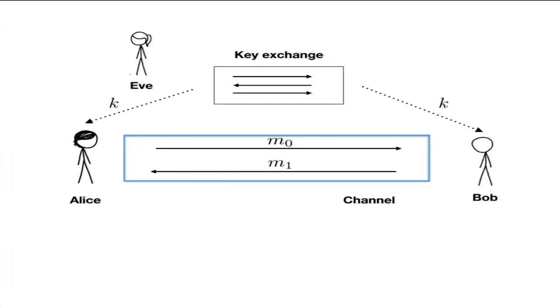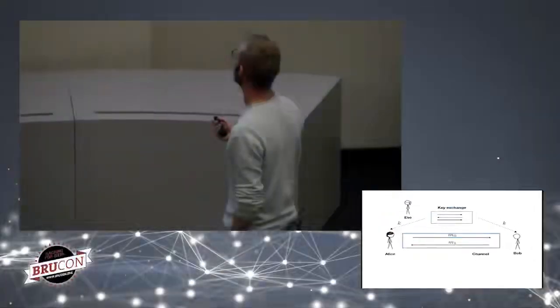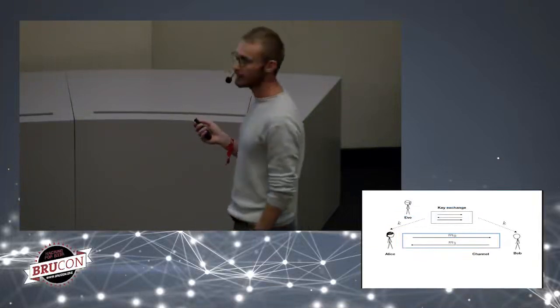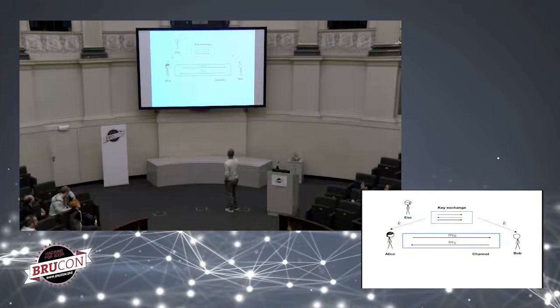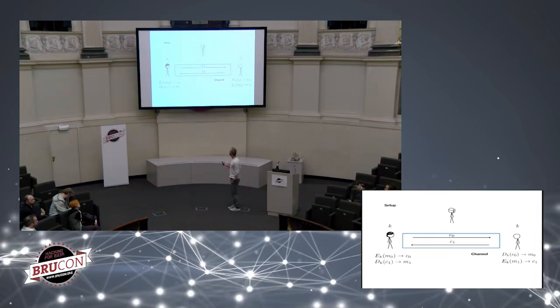And then we're going to say that they have performed a key exchange, as in they both have knowledge of a key K. So Alice knows key K and Bob knows key K. And this has been done out of band of the normal channel. So Eve does not know key K. So Alice and Bob are two parties which will exchange messages, and Eve will be our adversary in this context.